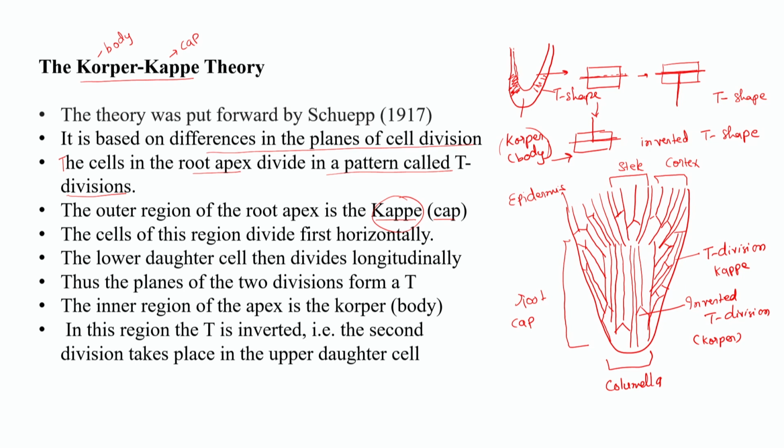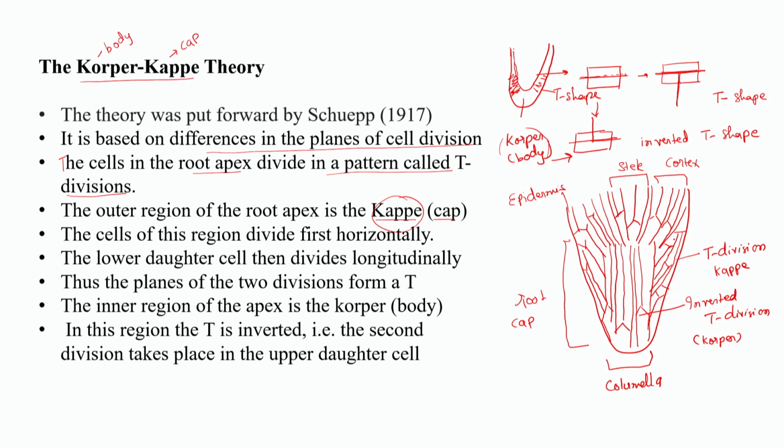Now, when we observe the meristematic region, we can see that it is made up of multicellular tissue and contains longitudinal files of cells. You can see a lot of longitudinal cells there, and when the cell is growing and dividing, they divide in a T shape, like one cell with a transverse division and the other with a longitudinal division.